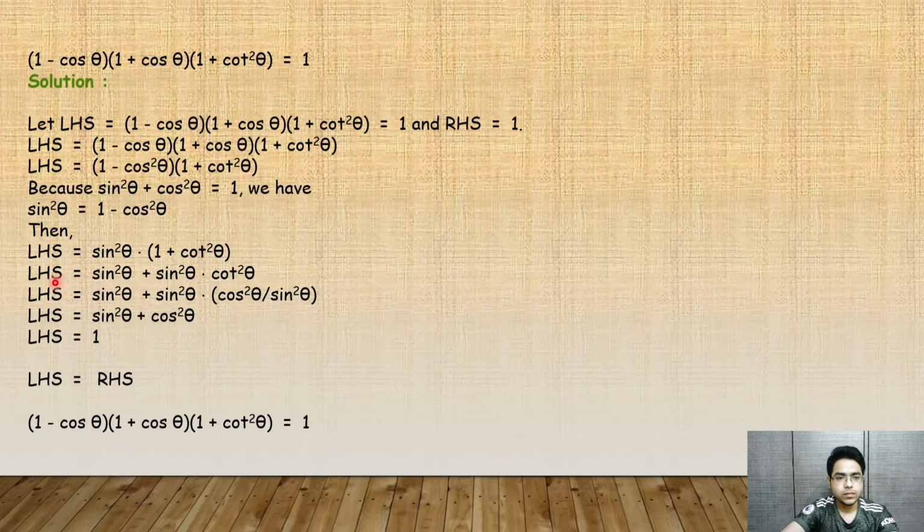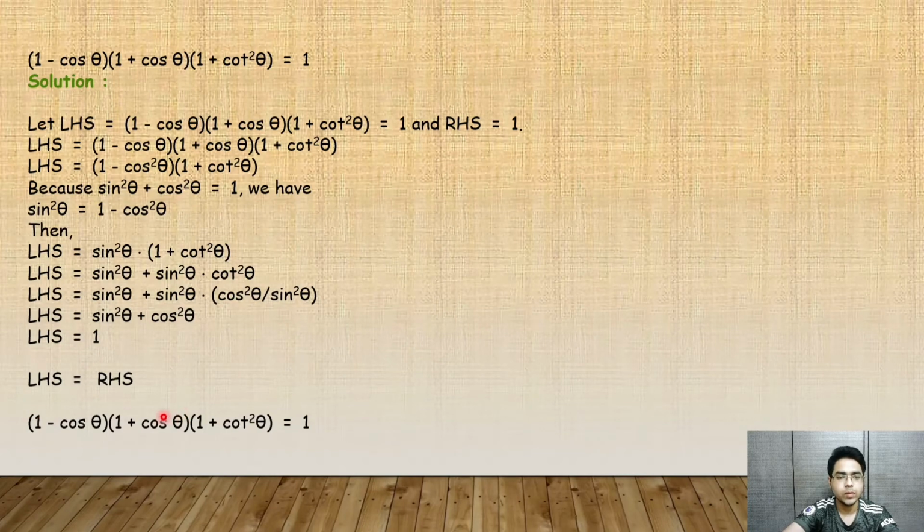Now LHS will be equal to sine square theta plus sine square theta into cot square theta. So now LHS will become sine square theta plus sine square theta into cos square theta divided by sine square theta. So we'll be getting LHS equal to sine square theta plus cos square theta, that will be equal to 1.